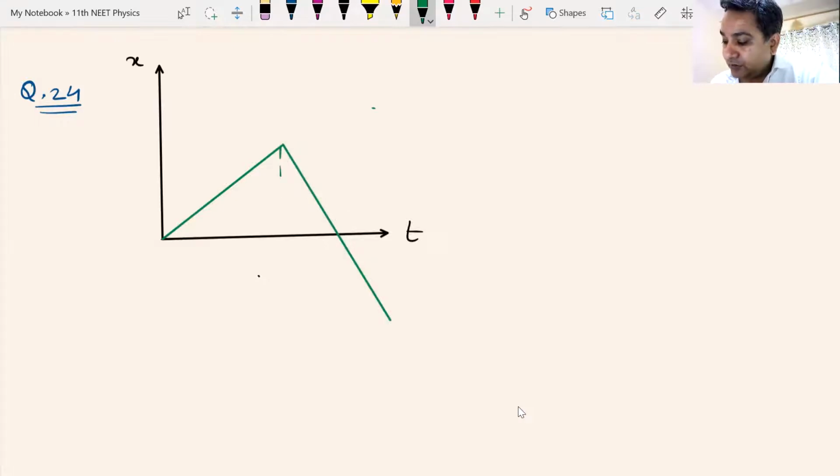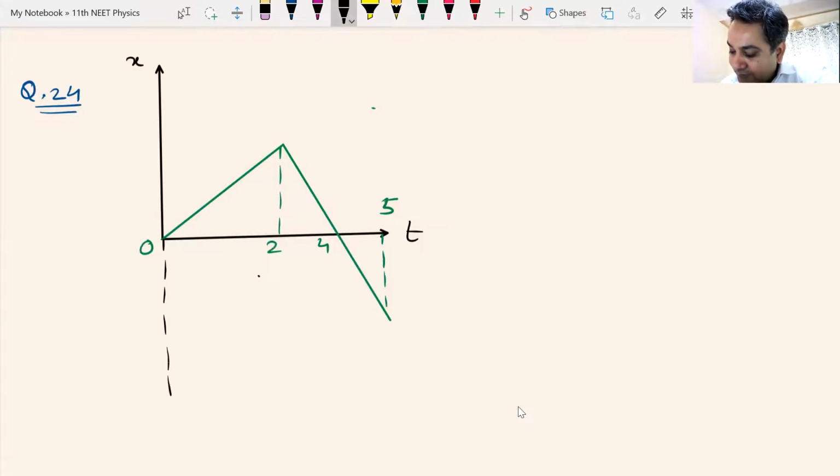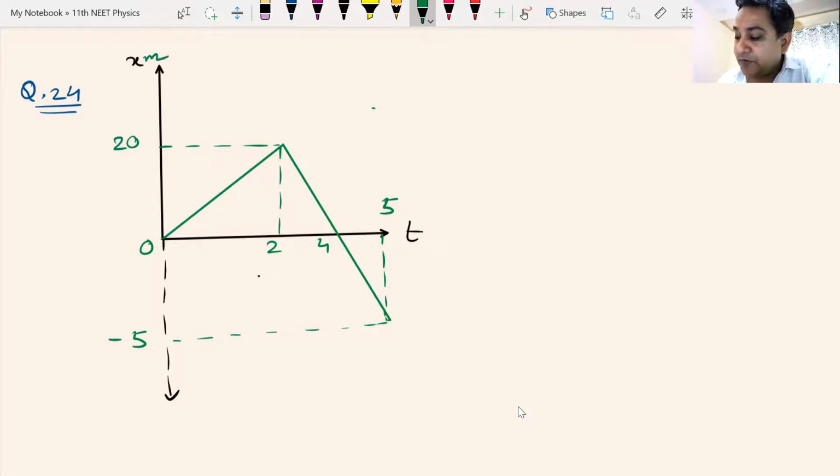Okay, here the time is 0, here the time is 2, here the time is 4, here the time is 5, and then we have a negative x-axis here. Here the position is, I think, -5, and here the position is 20 meters. Everything is plotted in meters. Here everything is in seconds.